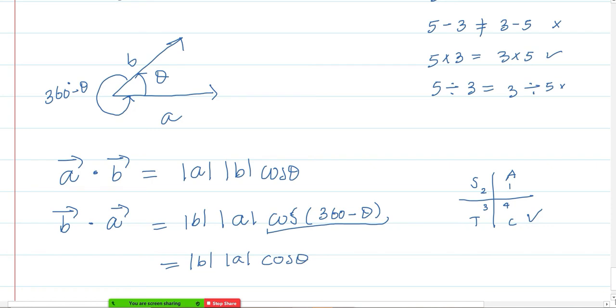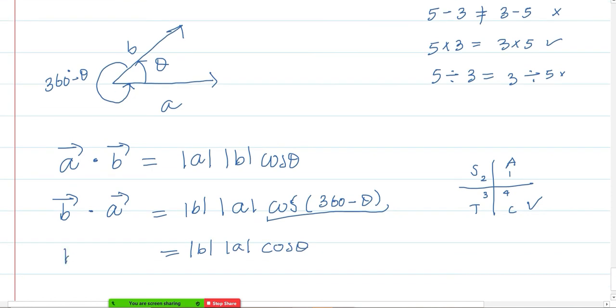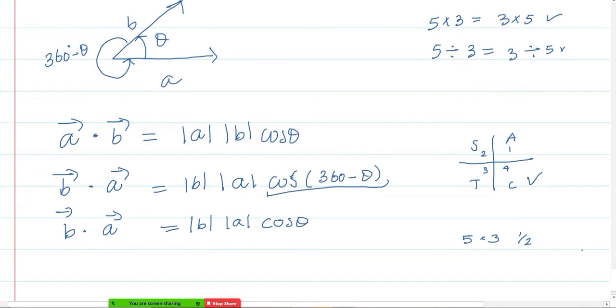Okay. So B vector dot A vector, now if you see the right hand side, it's no more vector, it is just scalars. Mod B is a number, say 5. Mod A is say 3. 5 times 3 times cos theta, say it is half. If you multiply this in any order, it remains the same, because multiplication satisfies the commutative property.